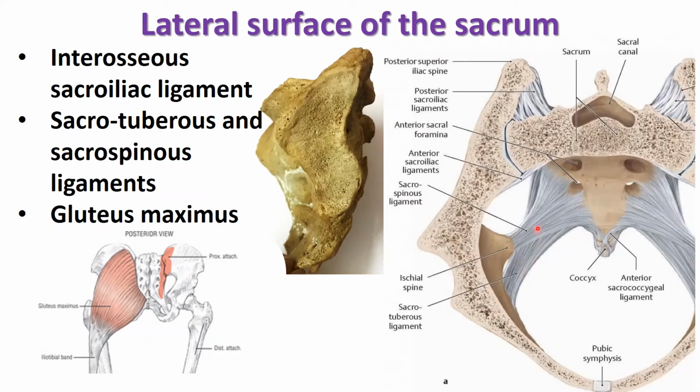Another ligament you can see on the narrow lower part of the sacrum is the sacrotuberous ligament. Sacrotuberous ligament is a long and strong band ligament which extends from the sacrum to the ischial tuberosity.